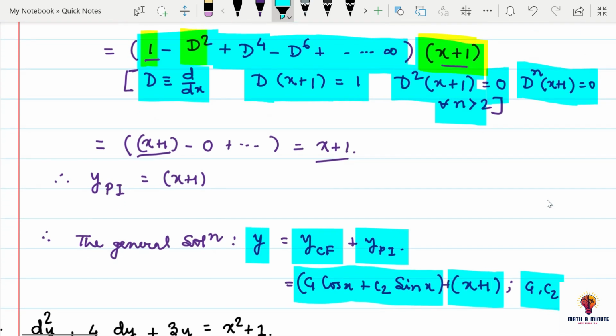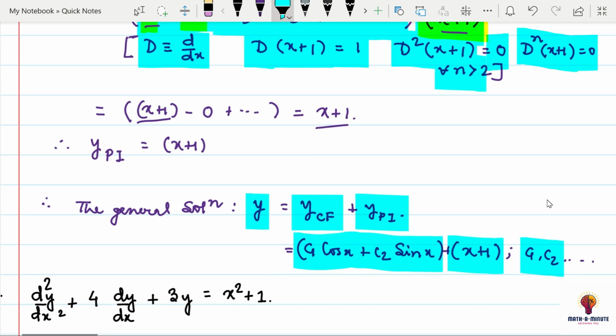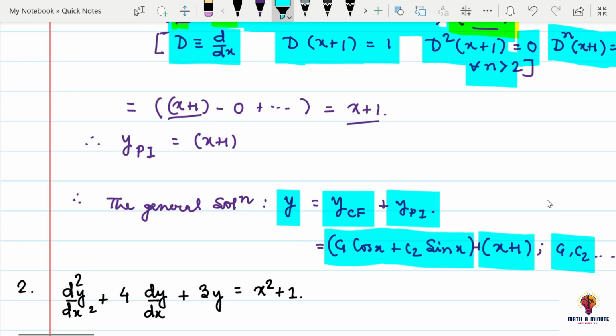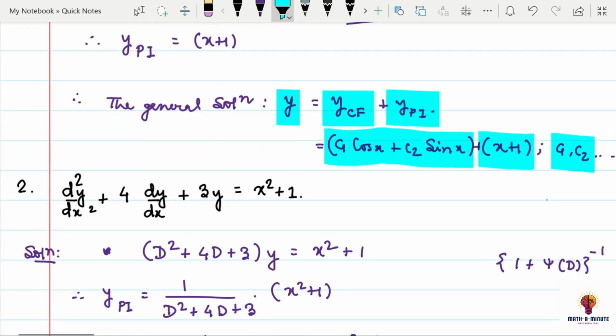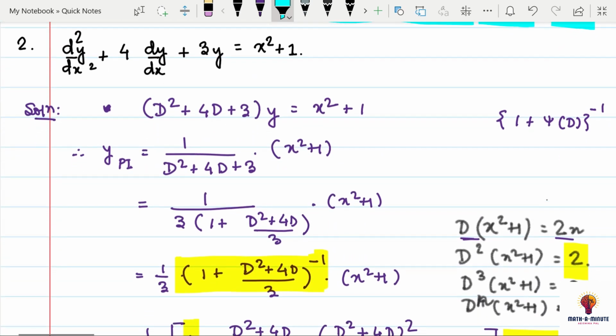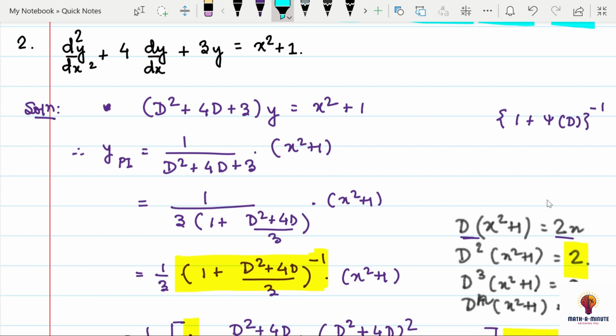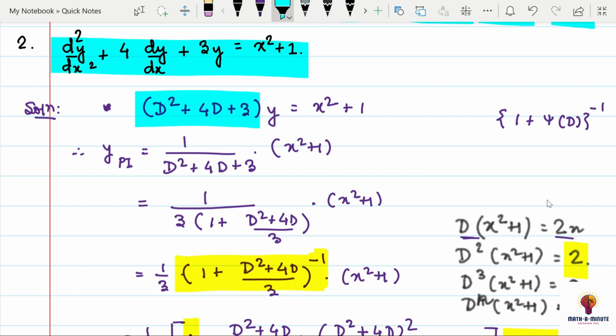In this way, try to solve the next problem. It's a similar type of problem. Here the given differential equation, we can write in this form: (D square plus 4D plus 3) y equals x square plus 1.